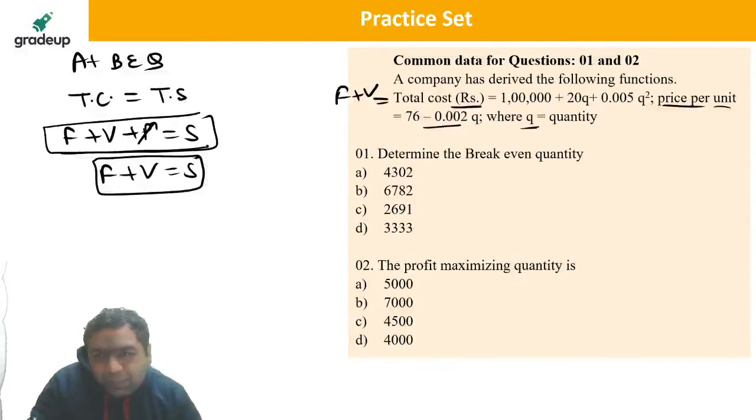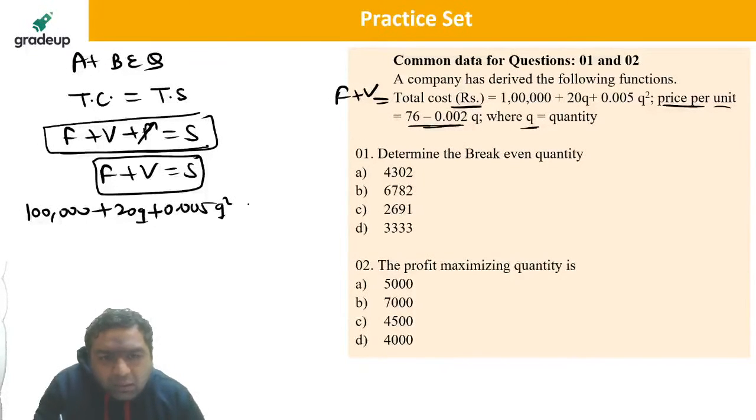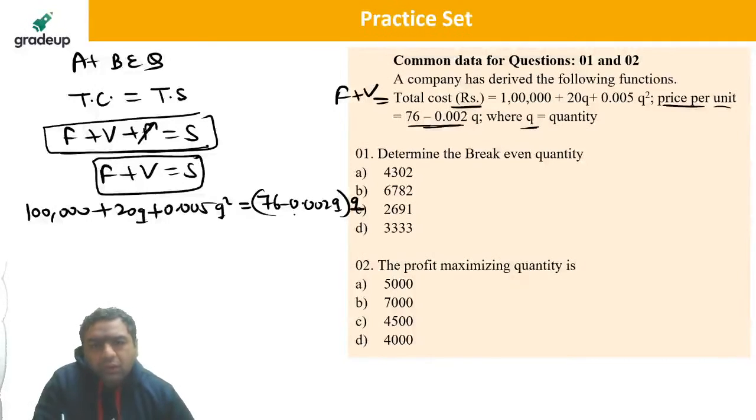This is price per unit, so obviously you need to multiply it with Q. So you will be getting 1 lakh plus 20 Q plus 0.005 Q square is equal to sales revenue, which is 76 minus 0.002 times Q into Q, because this is CP into Q. This will be sales revenue now.